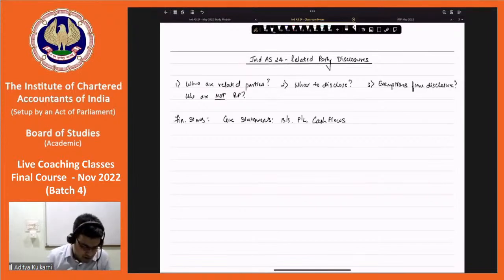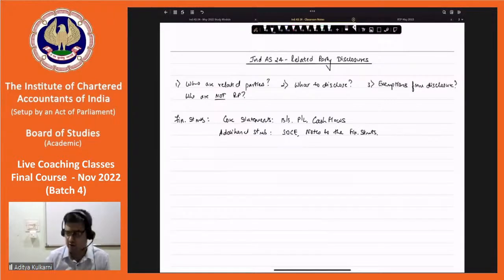Apart from this, you also have additional statements like statement of changes in equity and notes to the financial statements. These are a complete set of financial statements that will be presented to the reader, to the persons who are interested in knowing about the way the entity has performed in a particular period.